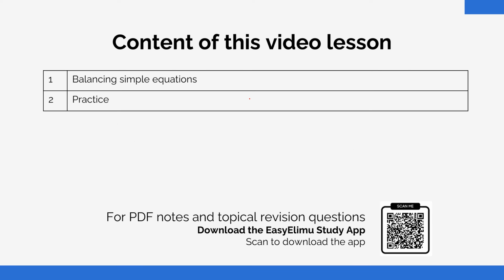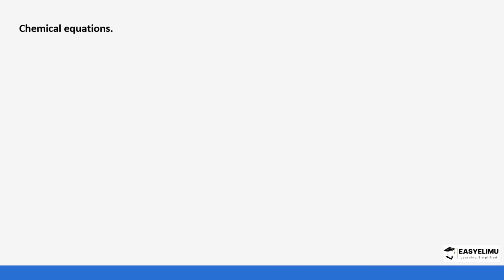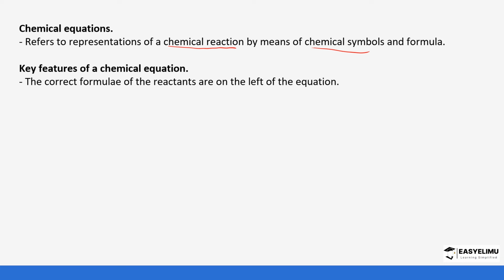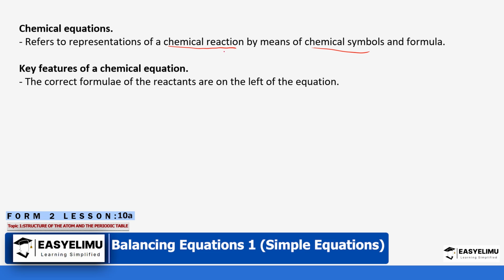So for this lesson, you look at balancing simple equations, and then you get a chance to practice a few of them. So when you talk about chemical equations, this is actually a representation of a chemical reaction, and we represent it by chemical formulas and symbols. So when you look at a chemical equation, it needs to have correct formulas of the reactants on the left side.